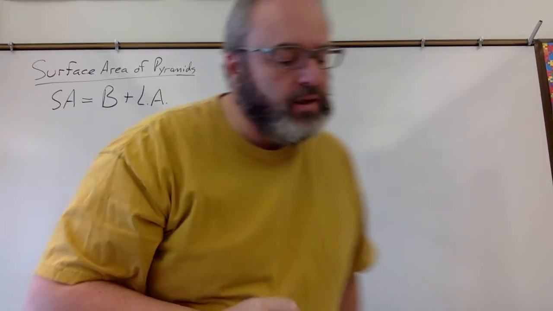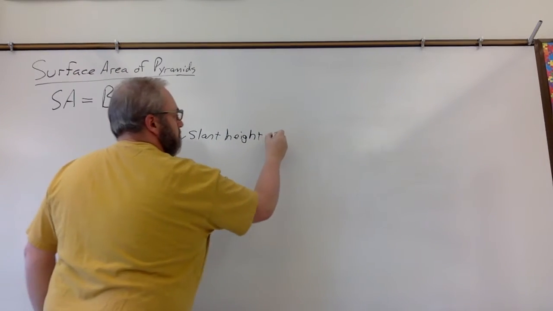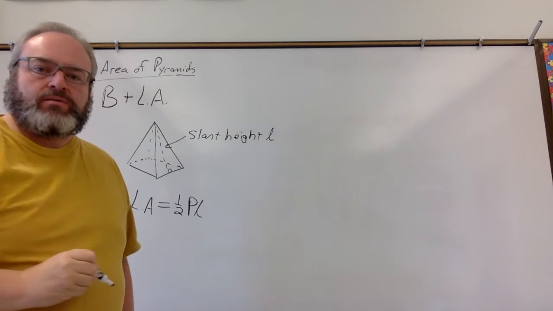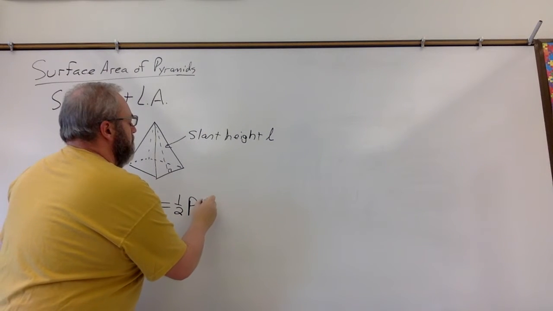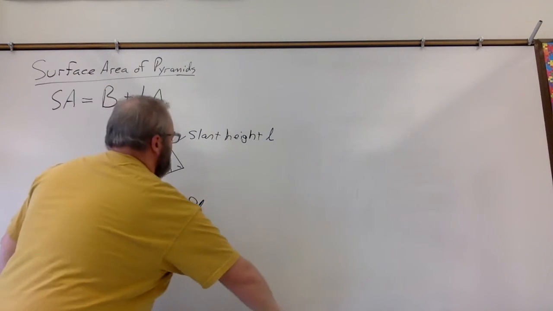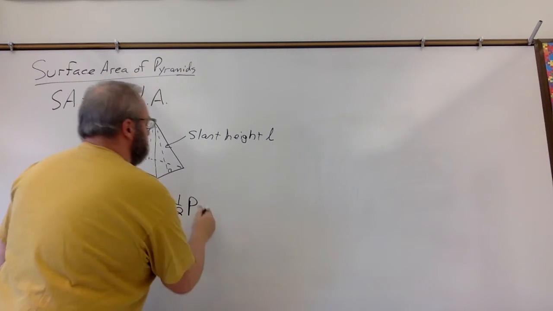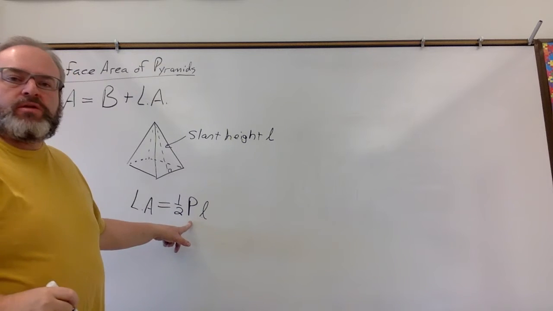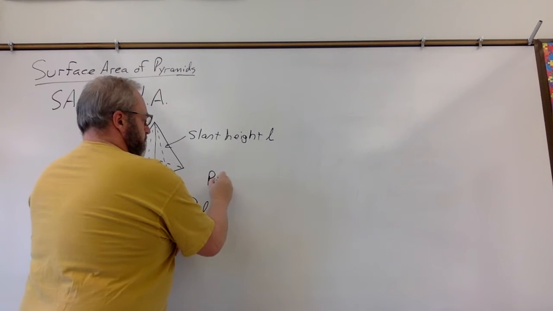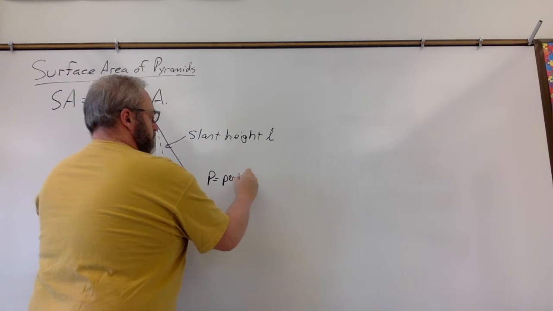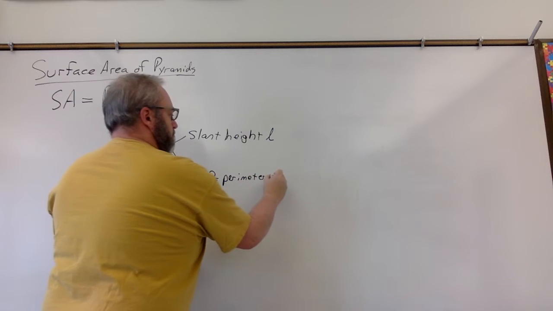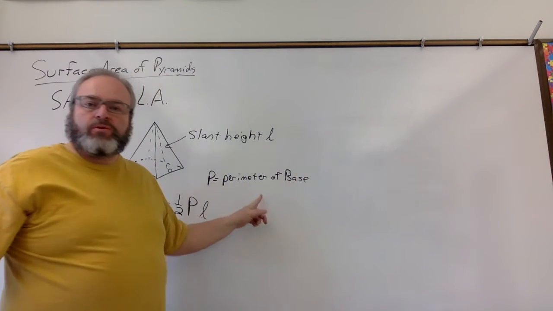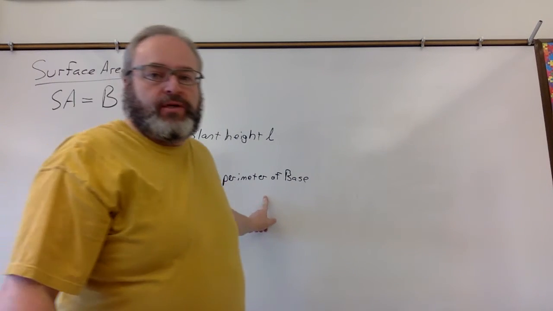And for slant height, we're going to use the symbol, kind of a cursive L. Okay. P stands for the perimeter of the base. In other words, the distance around the base.